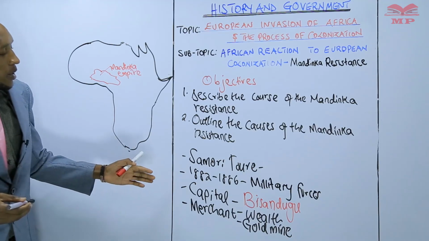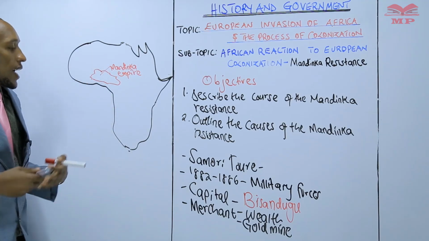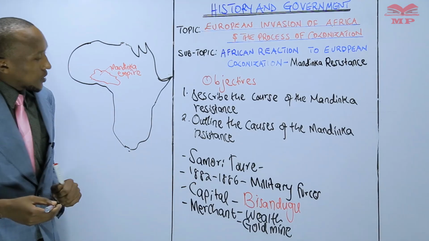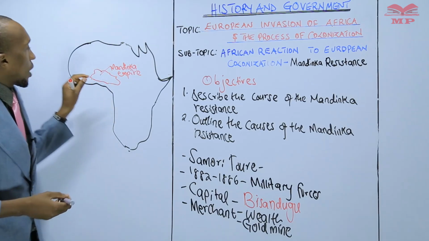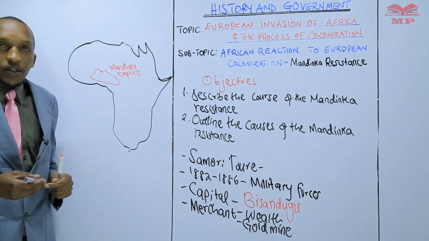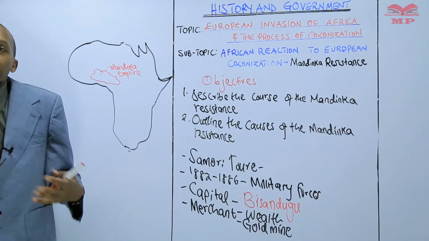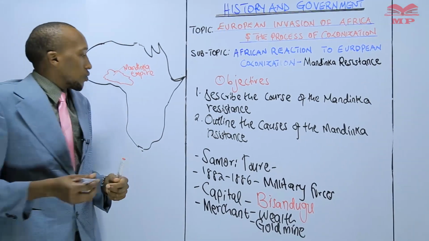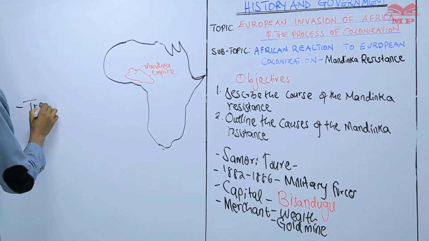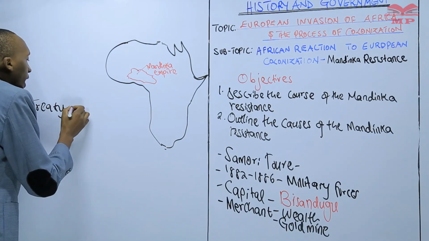So while he was expanding and trading, he tried to get peace with the French forces, because the French had come and they wanted to acquire part of, or the whole of West Africa for themselves. So Samori Toure, being a very smart person, decided to make a treaty. And as we have mentioned in our previous lessons, a treaty is an agreement.